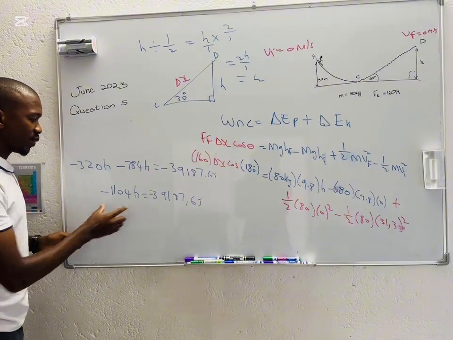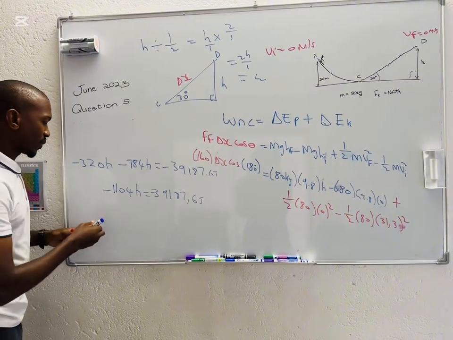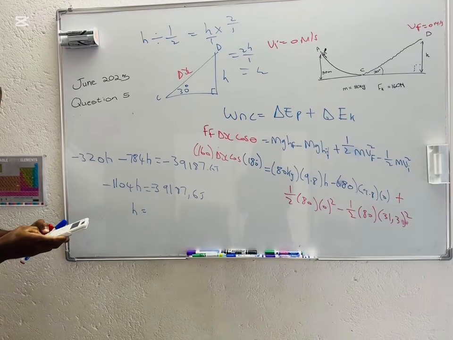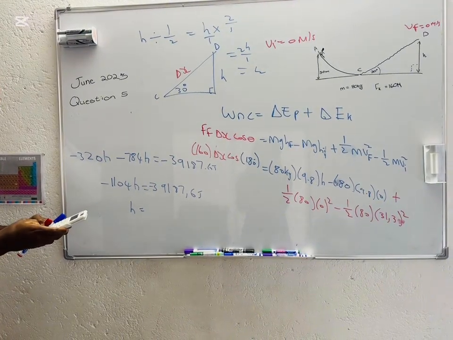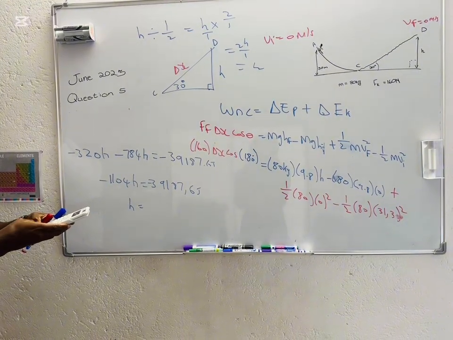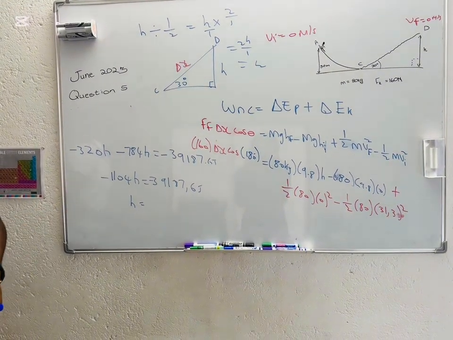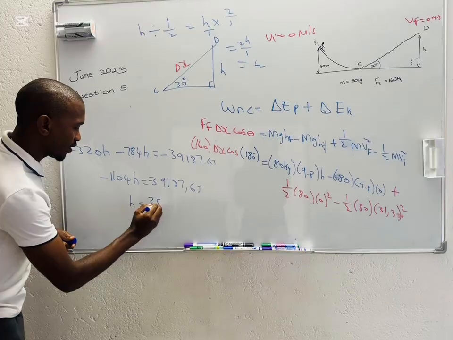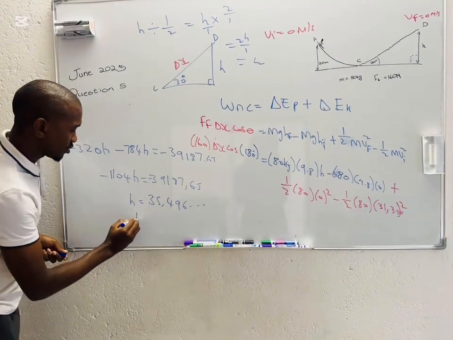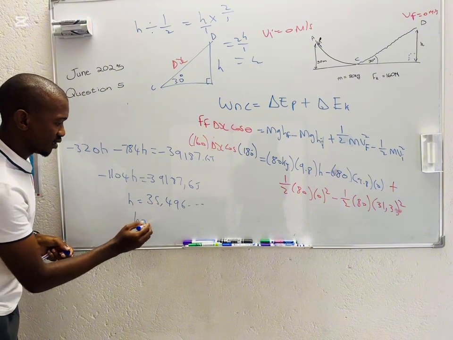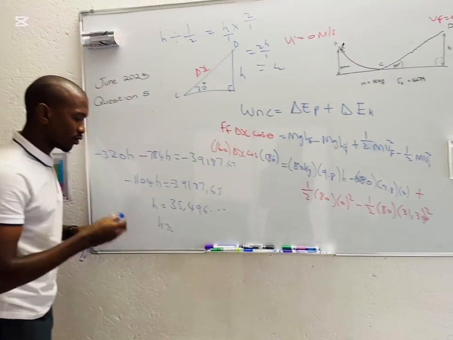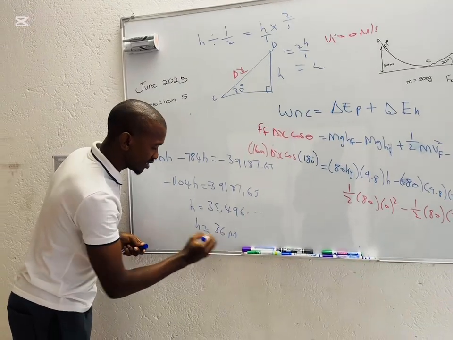Let's divide both sides by this because we're looking for H. Then H at the end of the day equals minus 39187,6 divided by the answer we got, and then my height was 35,496. So H is approximately what? If they said we are rounding it off, we can just say it's 36 meters basically.